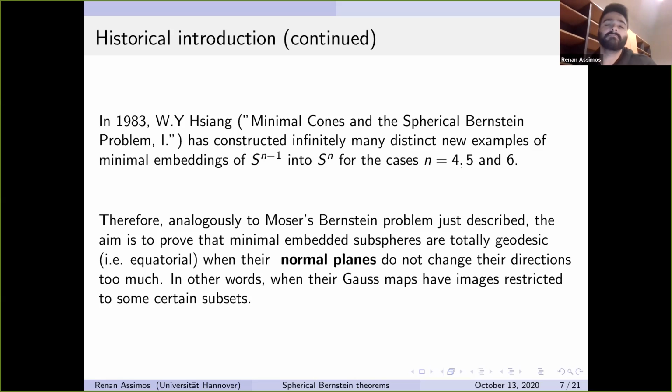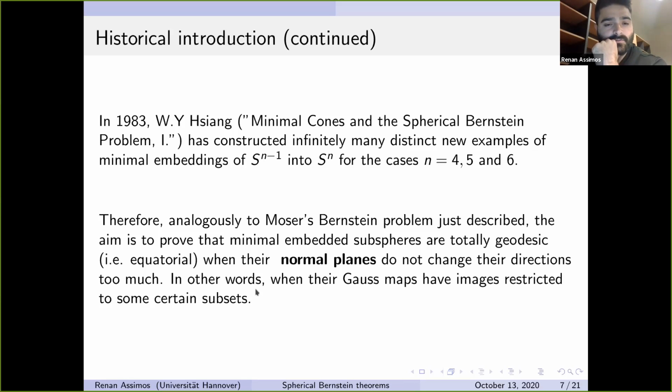And now we will try some sort of Moser approach. Can we actually add some extra condition on this spherical Bernstein problem so that we can still guarantee that this is going to be totally geodesic? And the condition I'm going to try to motivate is, okay, what if we added the condition that the normal planes of this hypersurface do not change much their direction, and "much" we will define very soon.